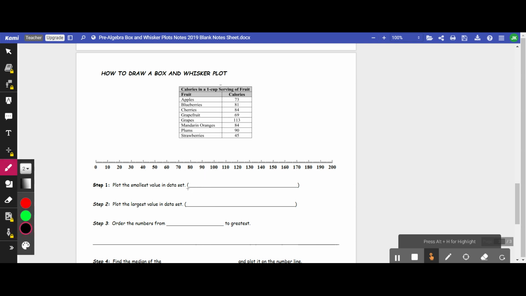So this will be your lower extreme first.